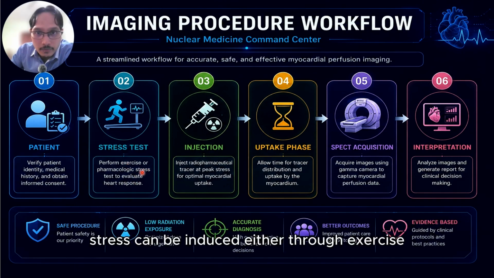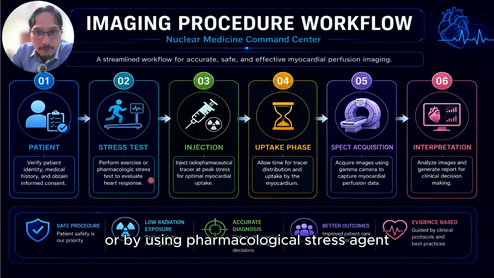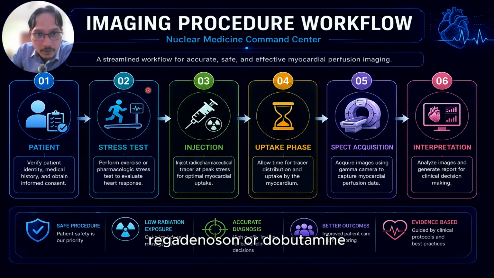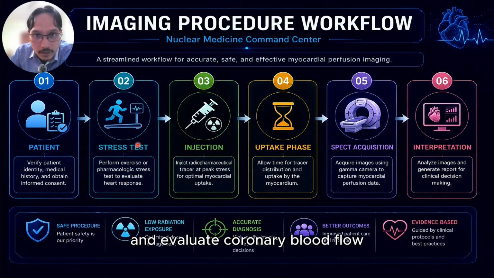Stress can be induced either through exercise such as treadmill walking or by using a pharmacological stress agent like adenosine, dipyridamole, regadenoson, or dobutamine. The purpose is to increase myocardial oxygen demand and evaluate coronary blood flow under stress conditions.